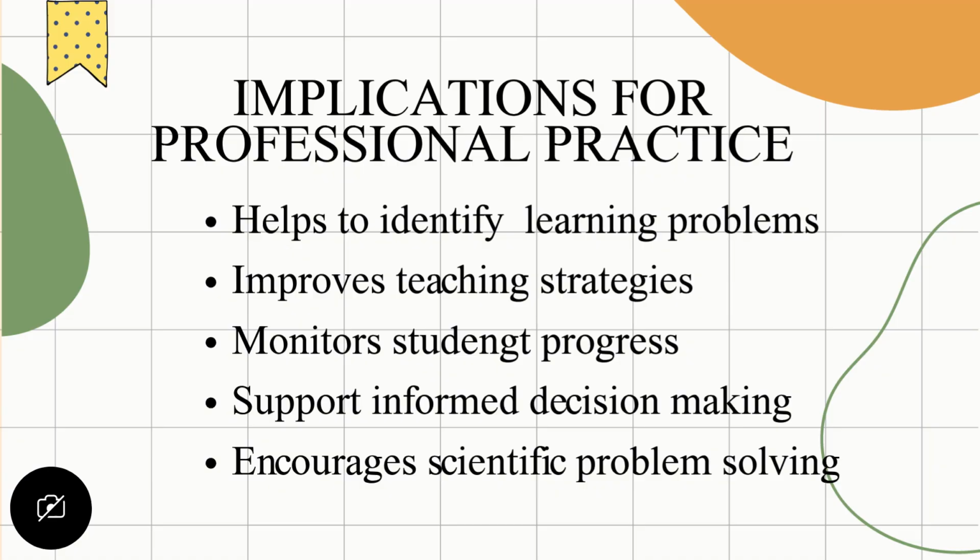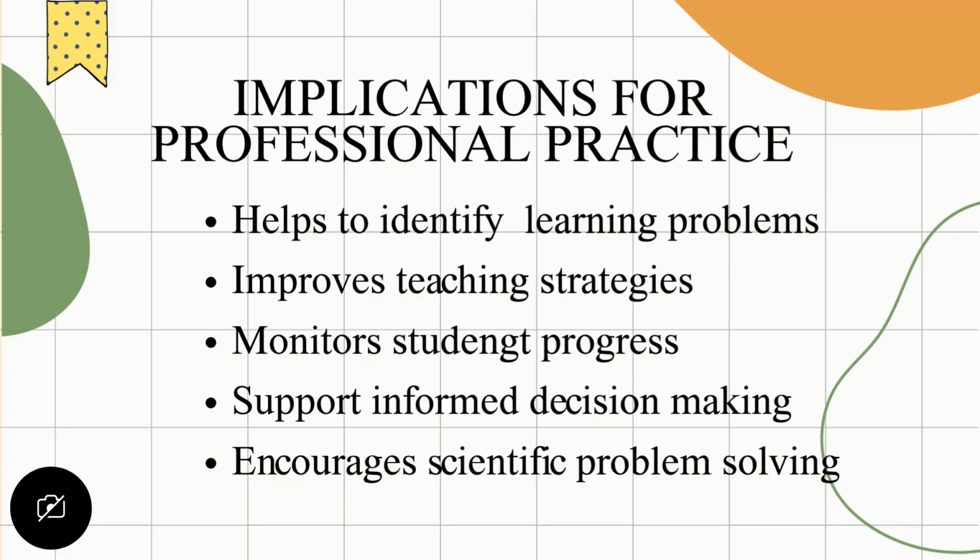Now, this research project has greatly improved our understanding of the educational research, and as such, it has important implications for our future roles as teachers. Research methods can help teachers identify learning problems among students and understand the factors affecting their performance.